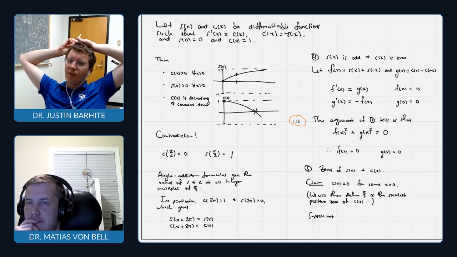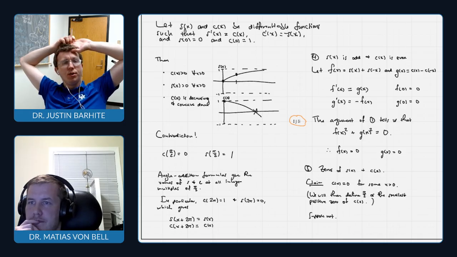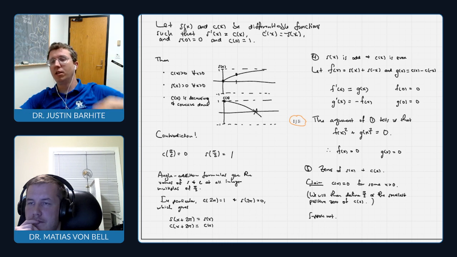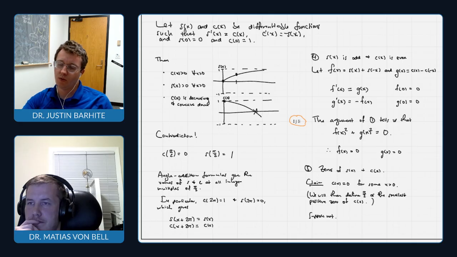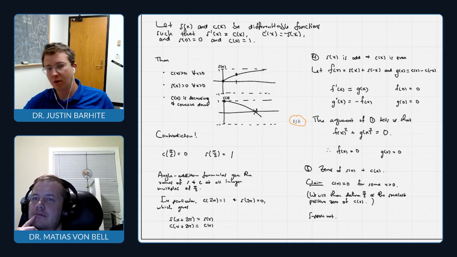But I mean, we can basically wrap up here. So we've shown that it's 2 pi periodic. We should argue for completeness that it doesn't have any smaller period. And if we really want to understand the shape of these graphs, where they're increasing and decreasing, in concavity, we need to be able to say where S of x and C of x are positive and negative.